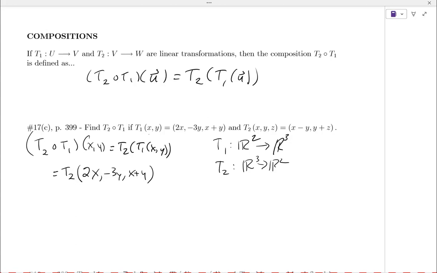So what do you get in the first component then? Yeah, you get 2x plus 3y, right? The 2x goes in for the x, the negative 3y goes in for the y. What do you get for the second component?